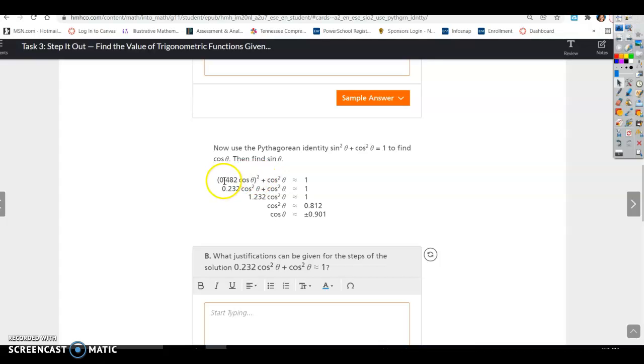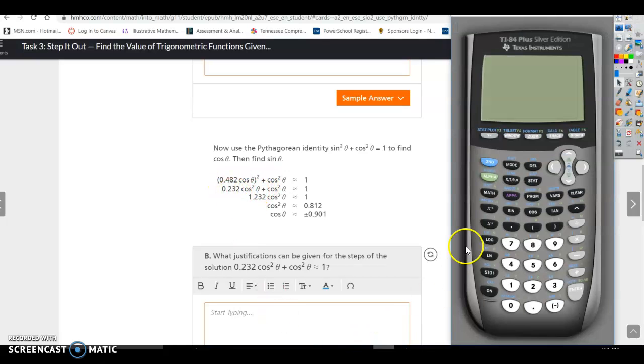So we're going to take and square each part of that. So the 0.482 squared, we can use our calculator to find out that that's equal to this. So if we do 0.482 and we square that number, we get 0.232.